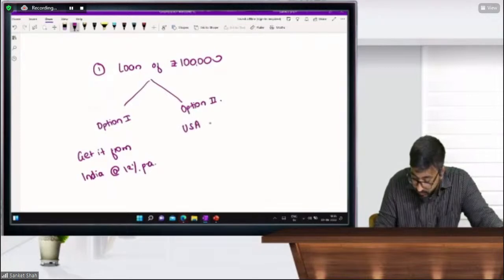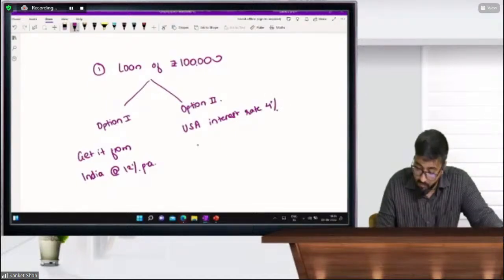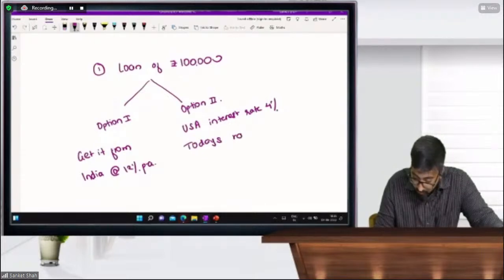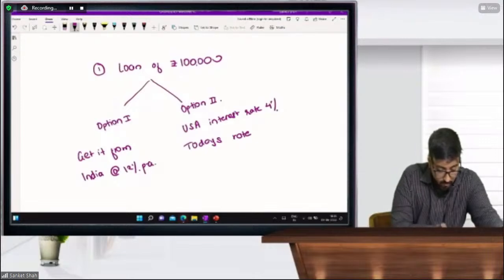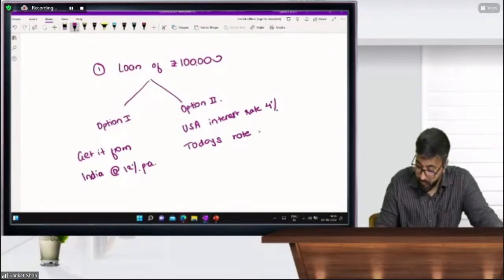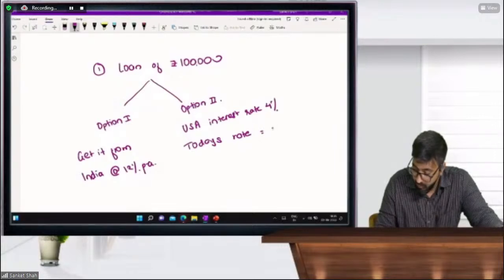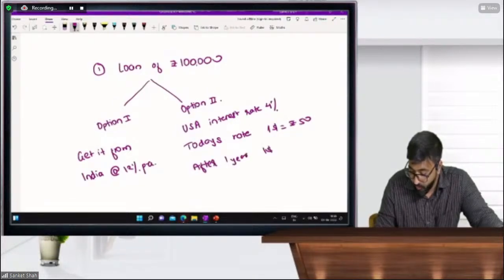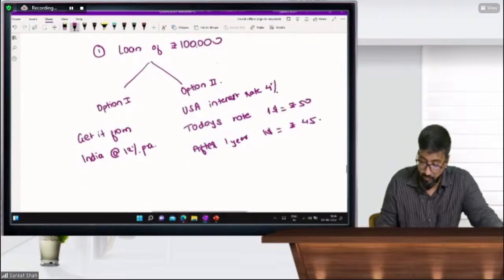USA interest rate 4%. Today's rate, $1 is equal to rupees 50, and after 1 year, $1 is equal to rupees 55.